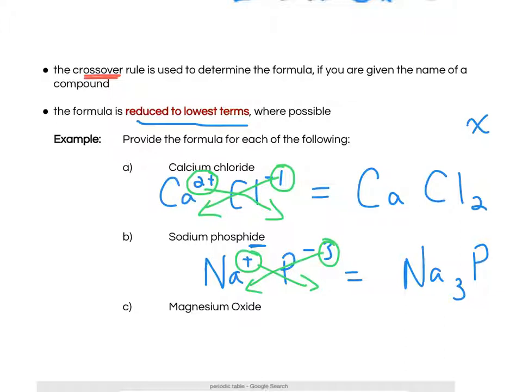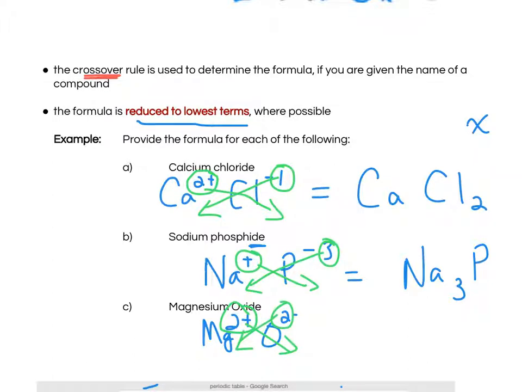Last but not least in the series of examples for this particular set of questions, I'm going to look at magnesium oxide. So magnesium has a 2+ charge as an ion based on where I find it on the periodic table. Oxygen will have a 2- charge. So then I go ahead and I cross those charges down.